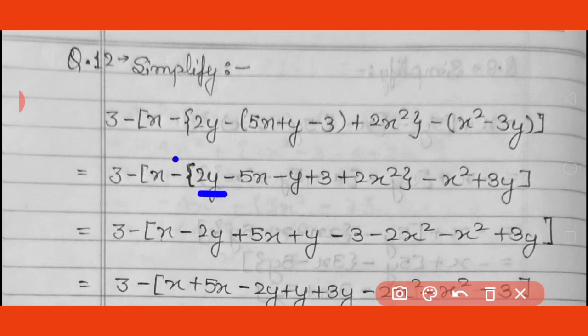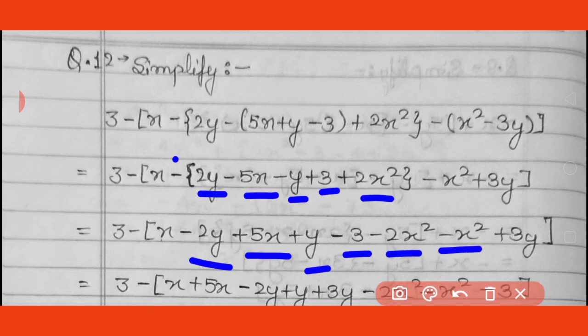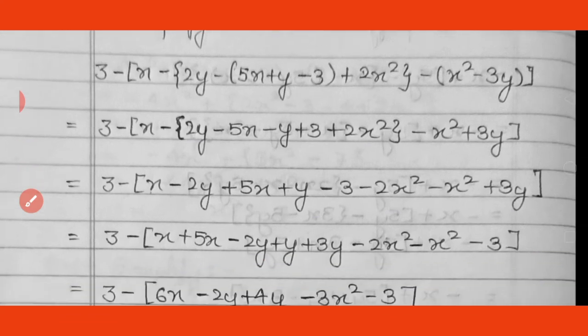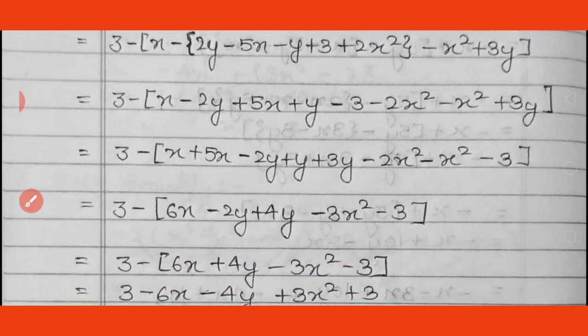Plus 2y changes into minus 2y, minus 5x changes into plus 5x, minus y changes into plus y, plus 3 changes into minus 3, 2x square changes into minus 2x square, and it has written minus x square plus 3y.